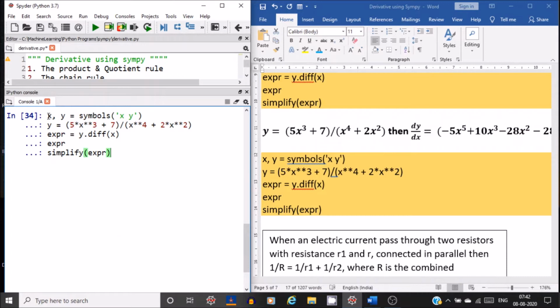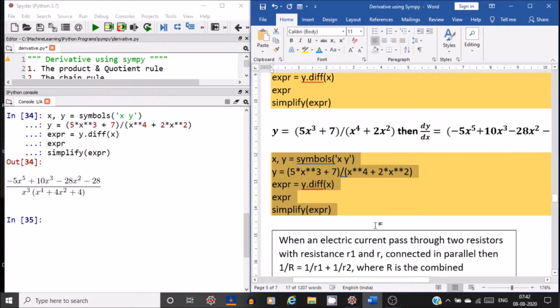So x and y both are symbols, and y is equal to x to the power cube plus 7 divided by, this is division, x to the power 4 plus 2x square, and we can execute it. Now if you execute it, you can see the result. So this is the result. In this way we can implement the rule.